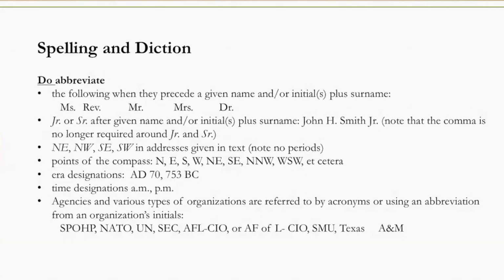The times, AM and PM, you would write that out, as well as agencies and organizations that have abbreviations in their names. For example, SPOHP, the Samuel Proctor Oral History Program, NATO, the UN, AF, SEC, all the above, Texas A&M. All of these are perfectly acceptable to put on because that is their names and that's how they're referred to.